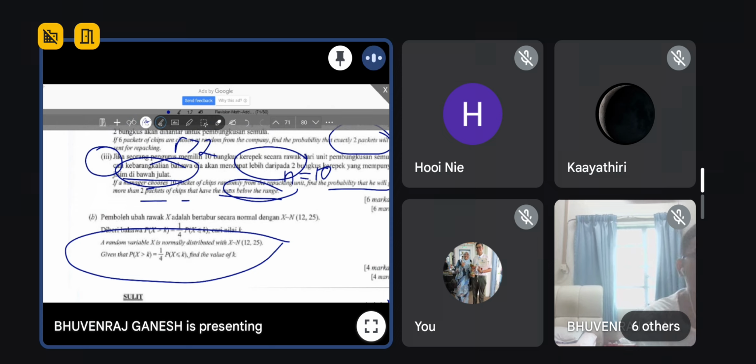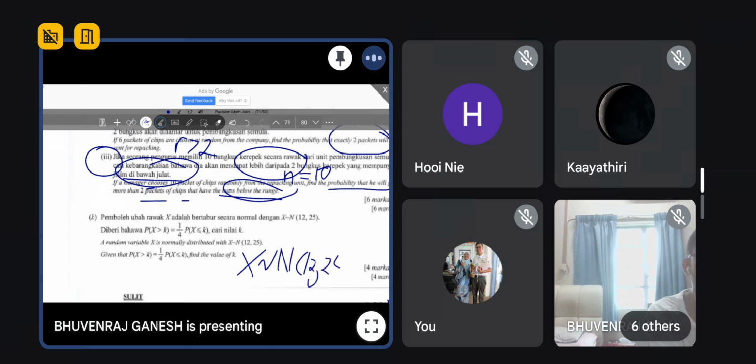Okay, so first of all, we analyze the question. They give you this information. Mereka bagi yang ni. Okay guys, so can I ask you, nombor 12 ni mewakili apa? What does the number 12 represent in normal? Bukan. Bukan nilai P. Anyone else?